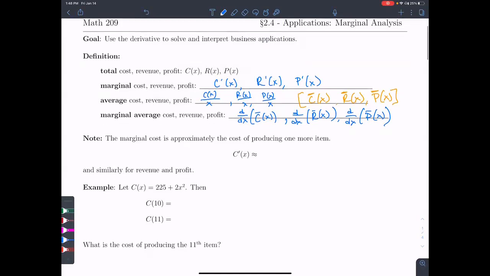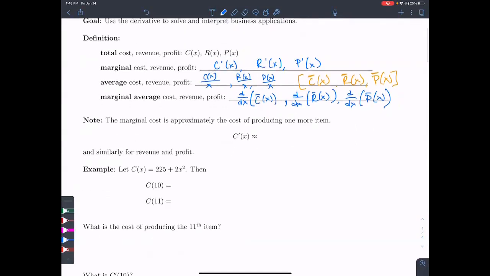So marginal cost is approximately the cost of producing one more item. So the derivative of cost gives us a way to estimate the cost of the next item.